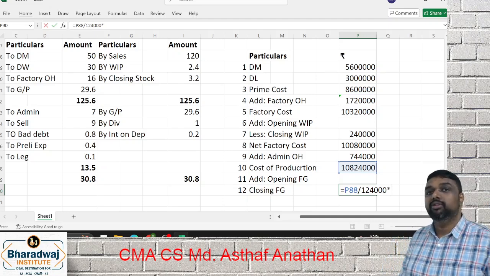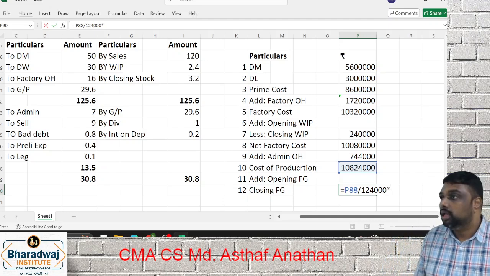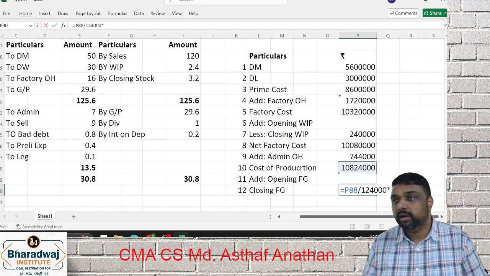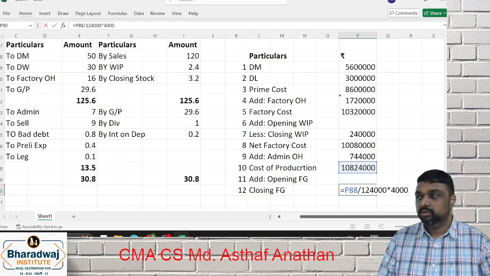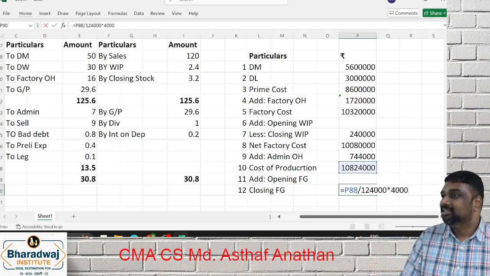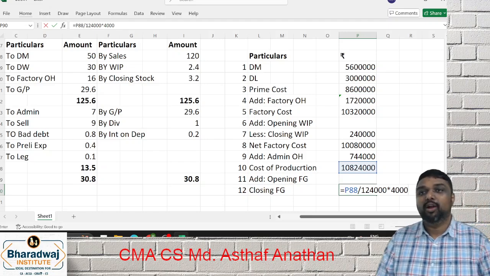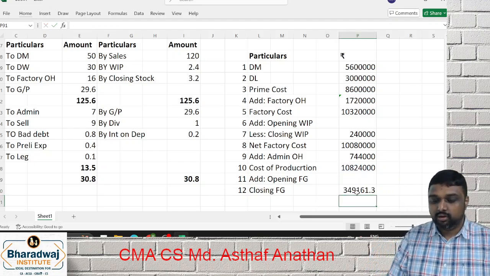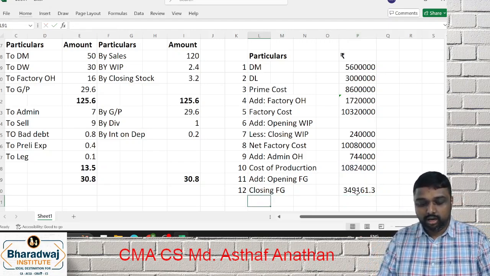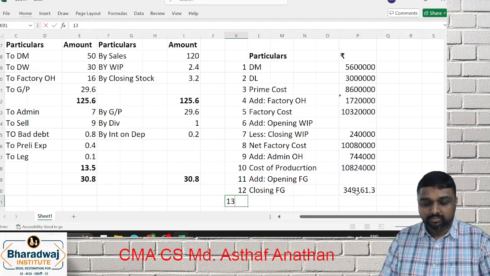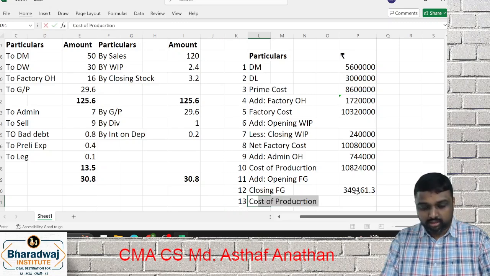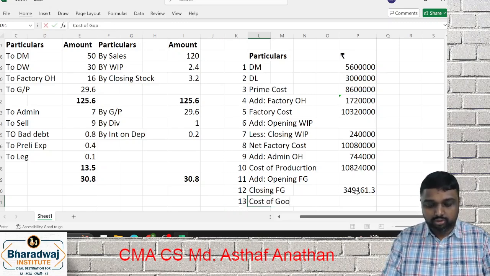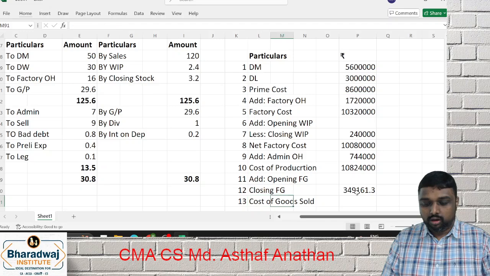Into the number of units, which is 4,000, the closing units. This is how we have to approach. So I get the closing stock value. Now if I enter this, this is what is called cost of goods sold.